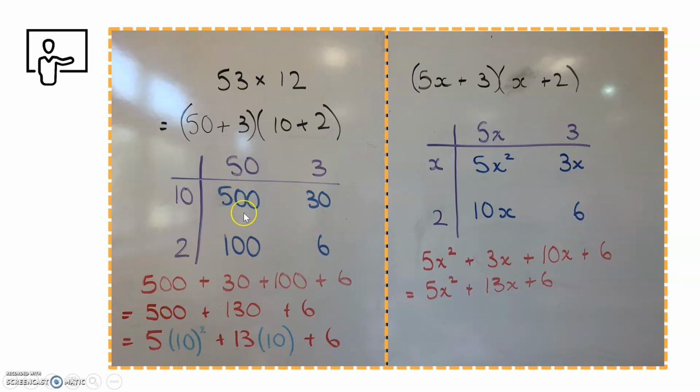That's 5, the 500 is 5 groups of 10 squared. The 130 is 13 groups of 10, and then the 6 units. So that's like the hundreds, the tens and the units. And that's very similar across here, but just dealing with algebra. We have the squared term at the top left.